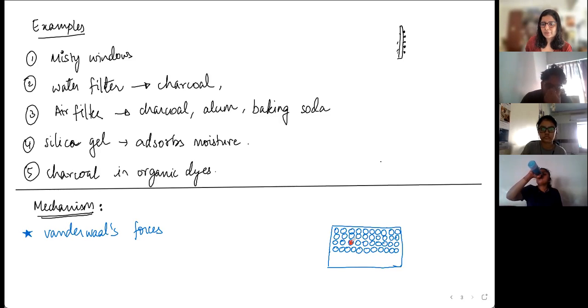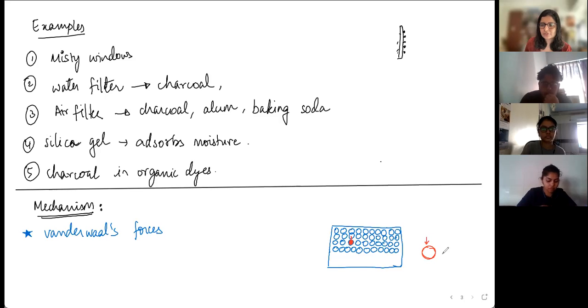This particle is going to experience van der Waals forces from the particles around it. So I'll just magnify this. This is the red particle I've chosen to show. It's going to face attractive forces from this side.